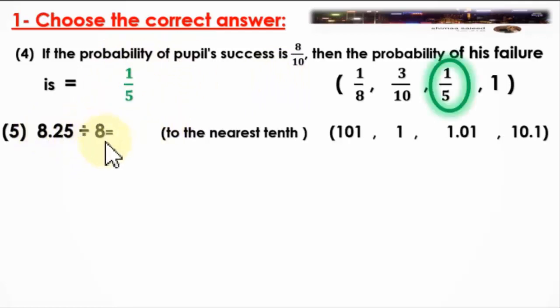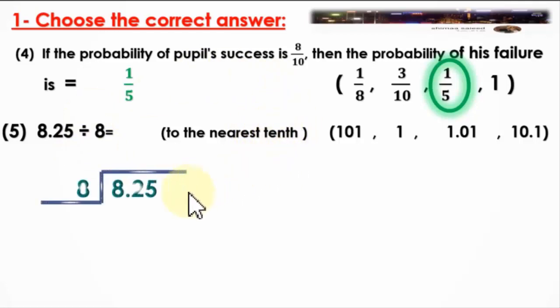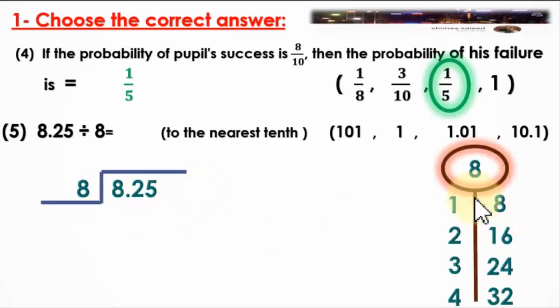Now calculate the quotient 8.25 divided by 8, and then approximate it to the nearest tenth. We will use the lollipop of 8. 8 divided by 8 equals 1. Then multiply 1 by 8. After that subtract. Don't forget to put the decimal point.